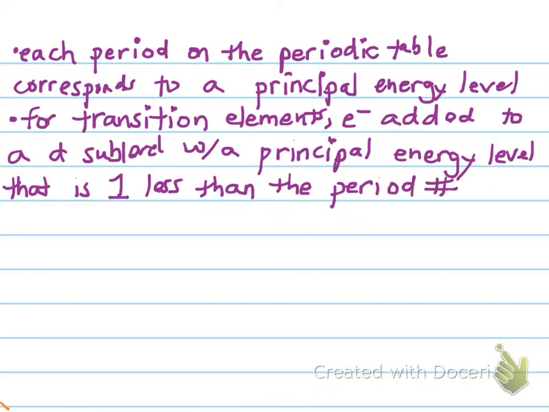So again, basically what we're reminding you of here is that, remember, the D sublevels are 1 behind whatever period we're in. So the first Ds we come to are in the 4th period. Those are 3 Ds.